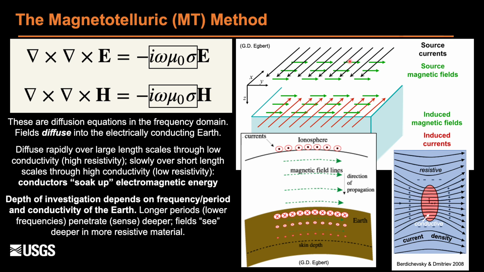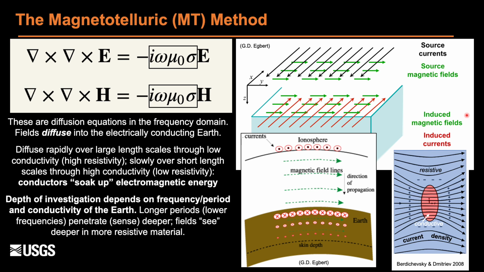External source currents in near-Earth space or the atmosphere generate the source magnetic fields that then induce electrical currents within the electrically conducting Earth. Note that these induced currents themselves will generate their own secondary internal magnetic fields as well.